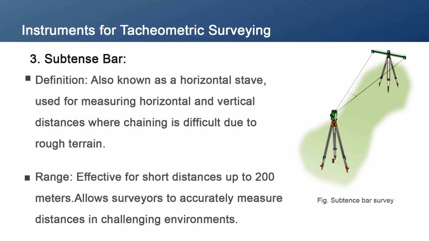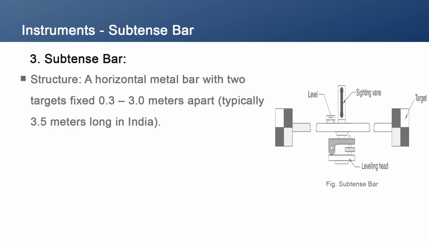And the figure of the subtense bar here shows its configuration and components. The subtense bar shown here consists of a horizontal metal bar with two targets fixed at a known distance, ranging from 0.3 to 3 meter apart. In India, these bars are usually about 3.5 meter long.